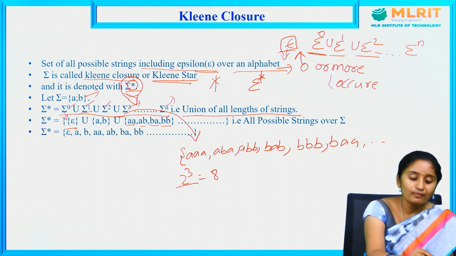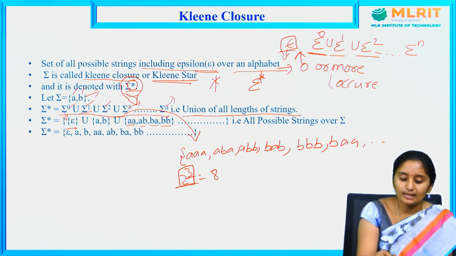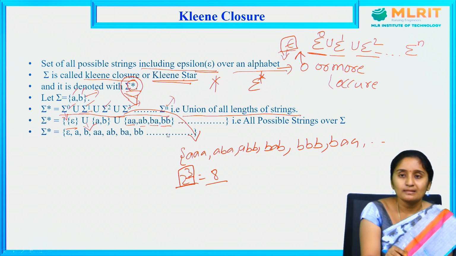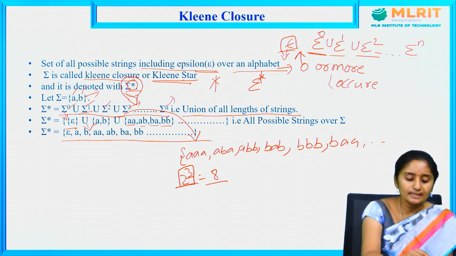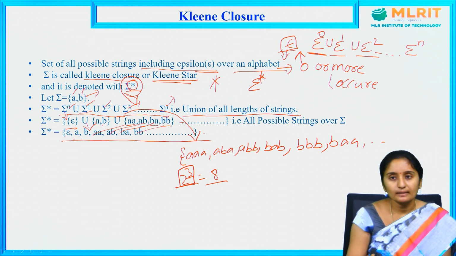My alphabet has 2 symbols, a and b, and the length of the string is 3. So I get 8 for sigma power 3. These are all possible strings. If I combine all these, I get epsilon, a, b, aa, ab, ba, bb, and so on. This is the Kleene closure.